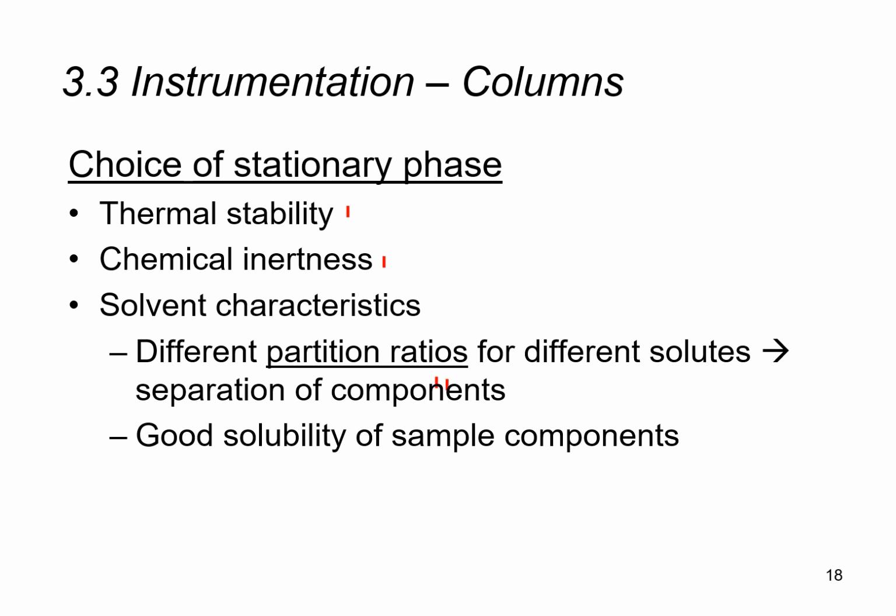So that brings us to the point of different partition ratios, because if the column interacts with them in a similar fashion or to similar extents, then there's no way that we can generate a separation. So the interaction between the column with chemical A and chemical B and chemical C must be different, and only then can we get good separation.